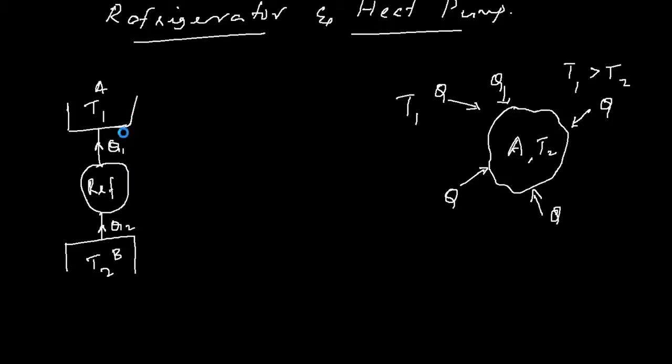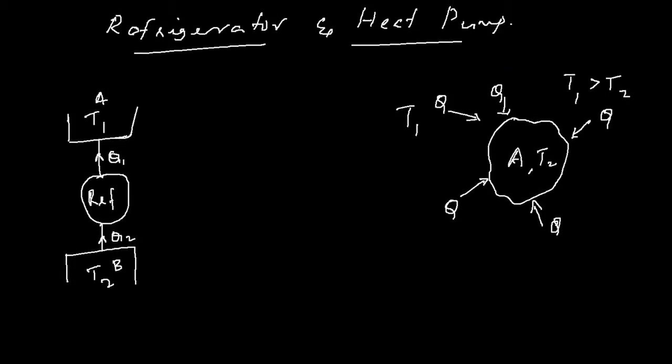Effectively, a heat pump is pumping the heat, and a refrigerator too is pumping the heat, removing heat from a low temperature body and rejecting it to a high temperature body, and the target is to maintain T2. The heat pump also removes heat from a low temperature body and rejects it into a high temperature body, but in this case the target is to maintain T1. So a heat pump maintains a high temperature, whereas a refrigerator maintains a low temperature.